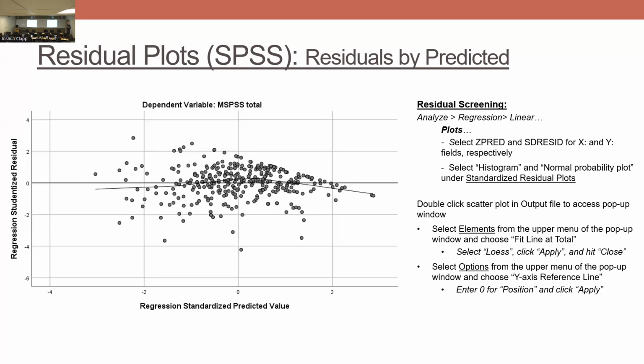I could make an argument, I suppose, that if we're looking at the spread here versus the spread right there, then we have evidence of heteroscedastic residuals, but not really a ton of information right there. So I might be worried about taking too much.